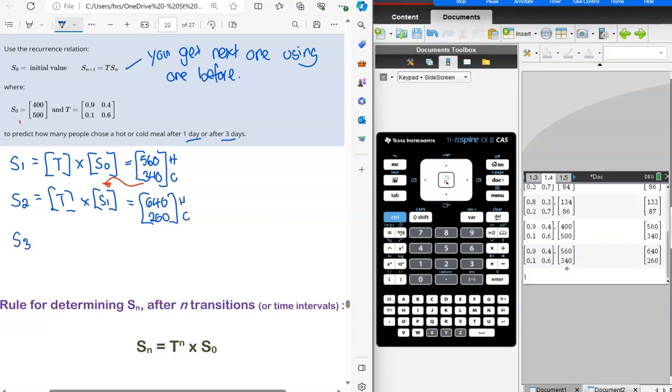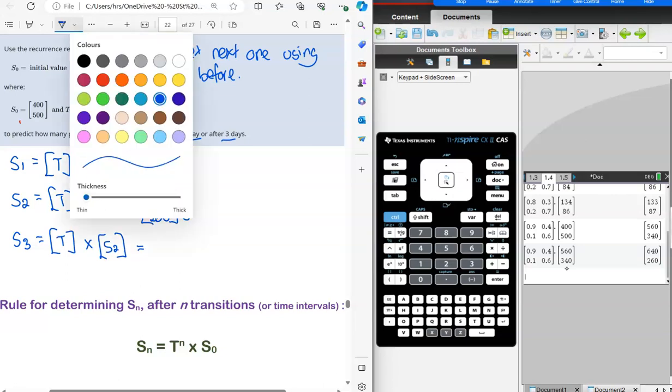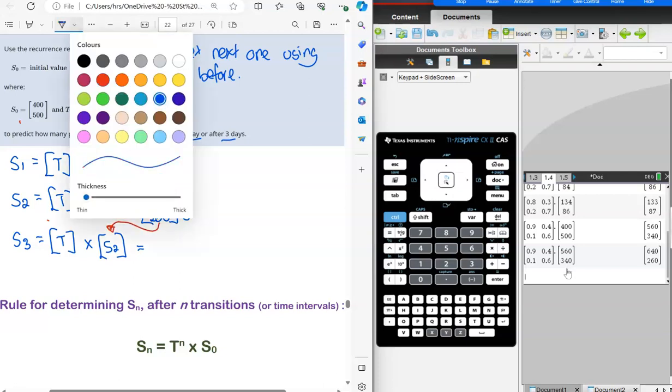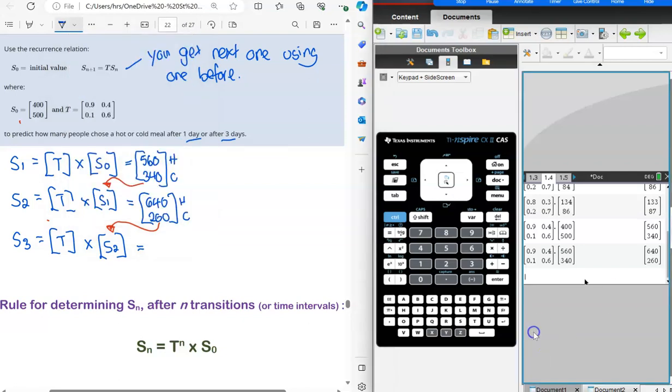And then if I want to go to S3, I'm going to use the transition times the one before. So with S2, remember S2 is this one, so it will go into there. So let's quickly do that on the calculator.